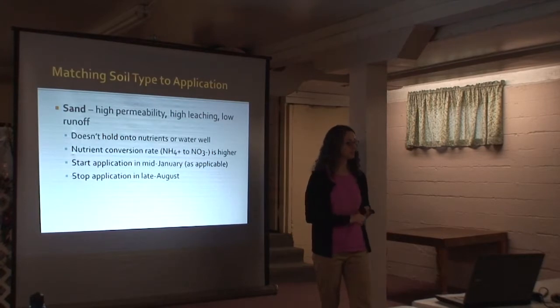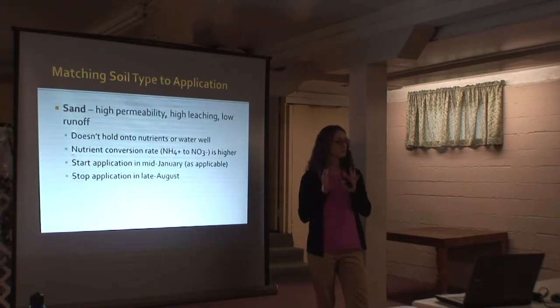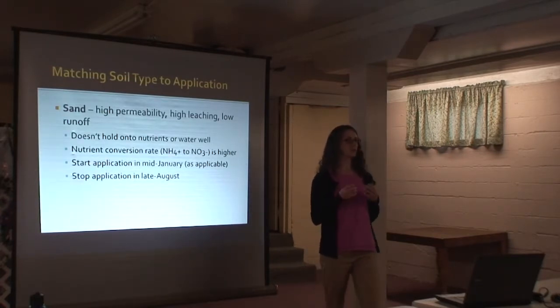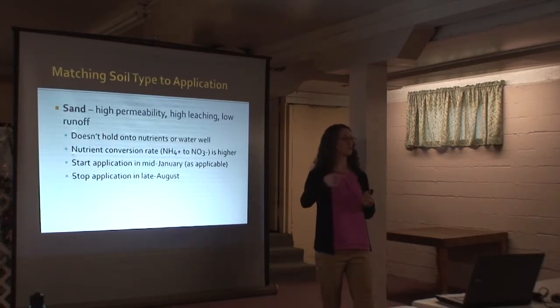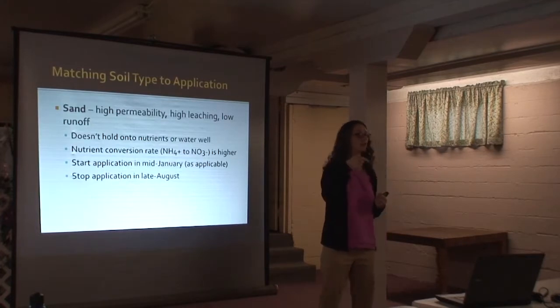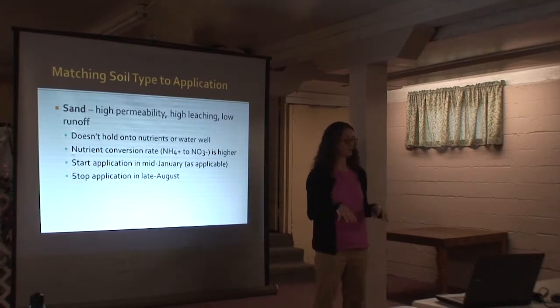So when we think about the sand, that's that high permeability, high leaching, low runoff. And this means it doesn't hold onto nutrients or water nearly as well. So you have high irrigation and higher nutrient needs on a different kind of basis. So that's where we want that thicker stuff on there so it's not thin and pushing it through as well.